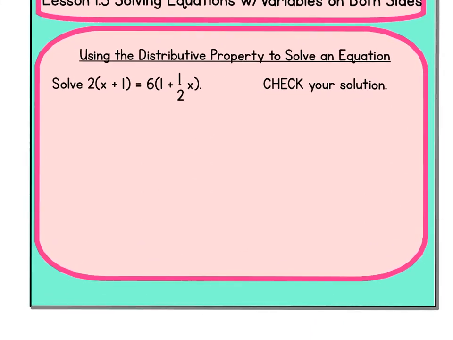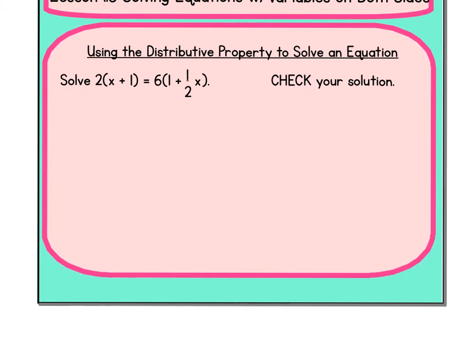The next one, we're dealing with more positives, but again, the distributive property. When 2 shakes hands with the x, that gives us 2x, plus when 2 shakes hands with the 1, we get 2, equals. When 6 shakes hands with the 1, we get 6. Not equals, sorry, it should be a plus sign. When 6 shakes hands with 1/2 x, we get 3x.